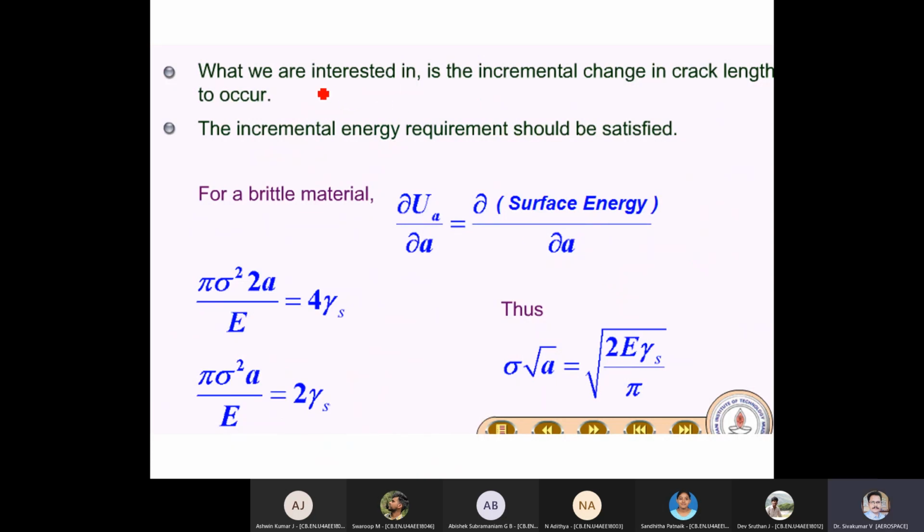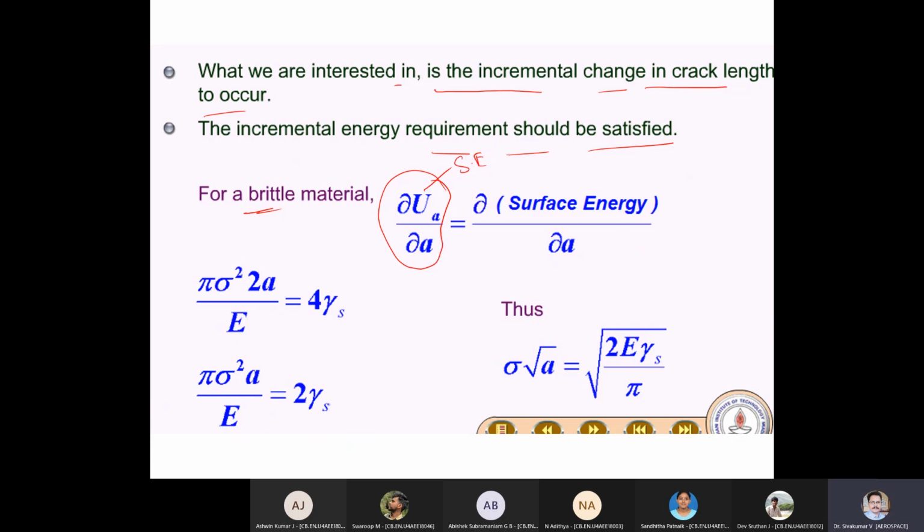So what we are interested in is incremental change in crack length to occur. Let us see, the incremental energy required should be satisfied. What is that? For brittle material, ∂U_A/∂A, where U_A is the strain energy.